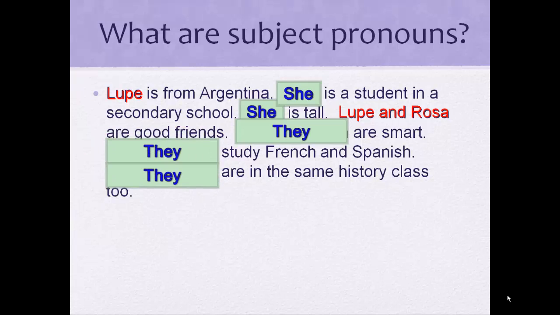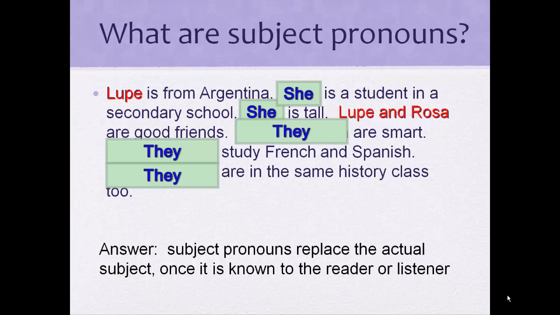Okay, so to give us a definition of subject pronouns, your answer would be they replace the actual subject after you have established for the reader or the listener who you're talking about.